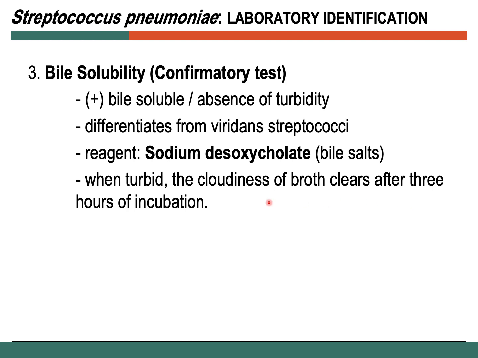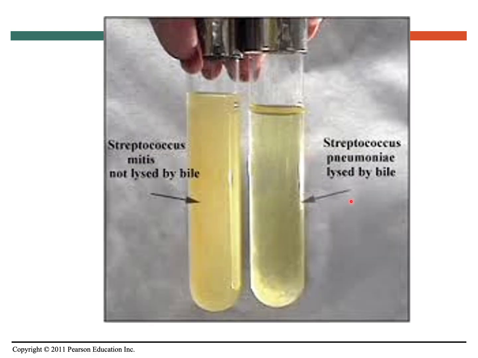So your organism, particularly Streptococcus pneumoniae, has the ability to lyse in the presence of bile. Here, this is your Streptococcus mitis, and this is your Streptococcus pneumoniae. It lyses in bile. Streptococcus pneumoniae undergoes autolysis with a surface active agent. That's why it's clear.